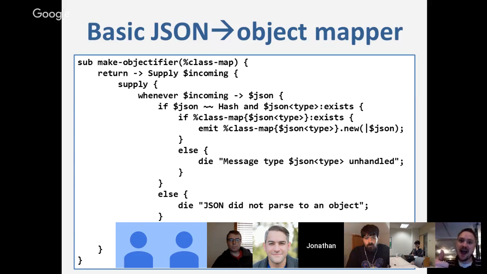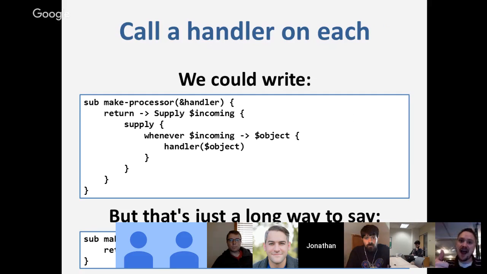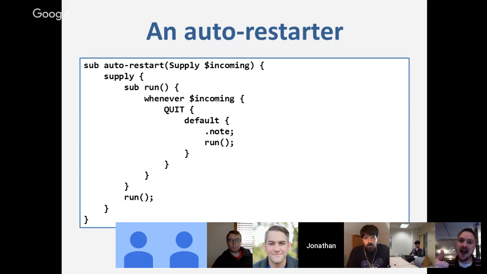Okay, then we will give that incoming supply to this subroutine, which will give back another supply, which just does the making of objects from JSON, which will pass that into this supply, which gives back the supply which handles the objects, and then we will feed that into here.